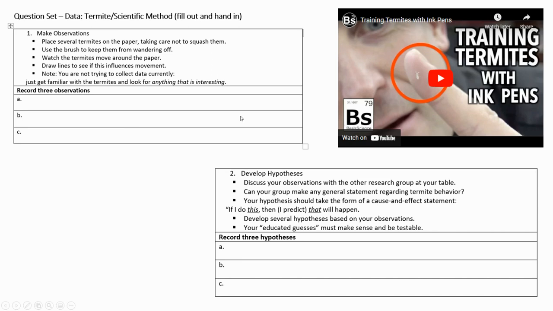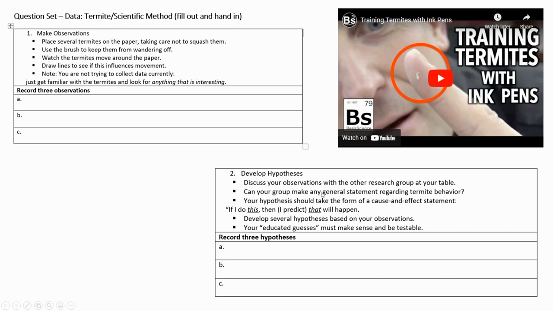And one of the things you should have noticed here, one of the observations hopefully, was that they tend to follow pens. Whether there's a color difference, we'd have to check out, but they tend to follow pens. And so this hypothesis is, I see them following pens, or I see them following red.